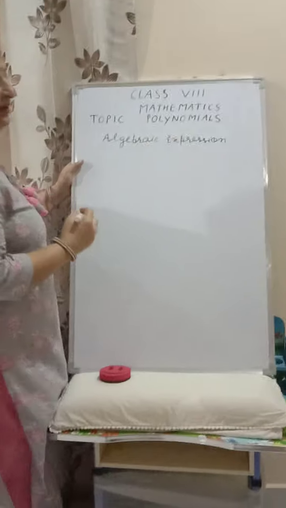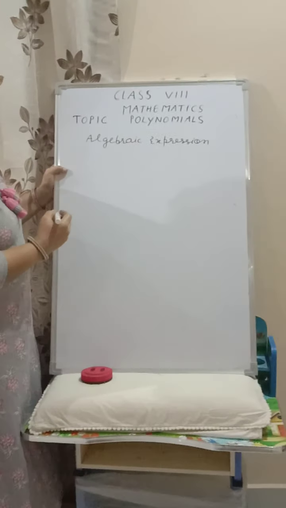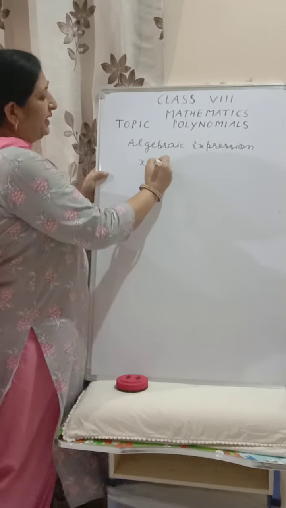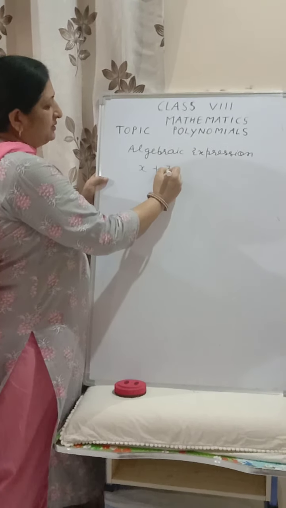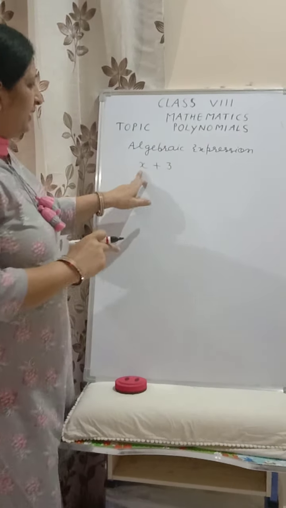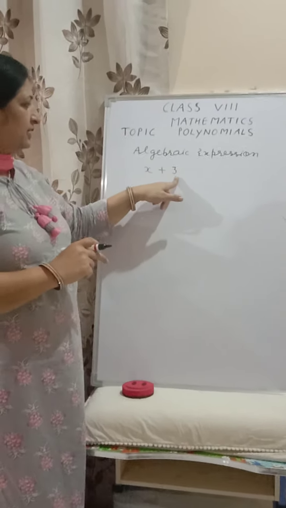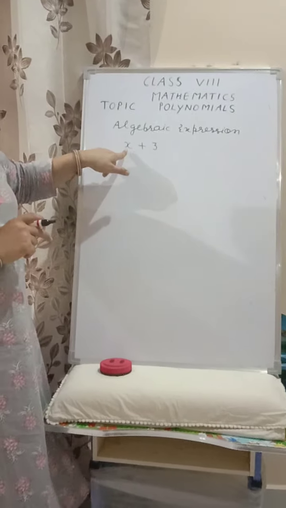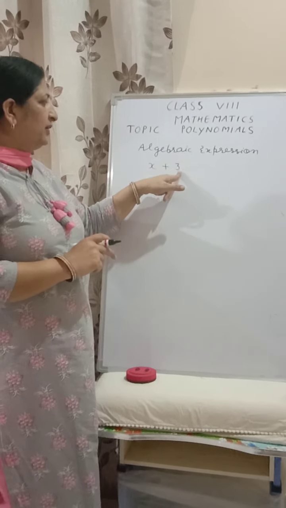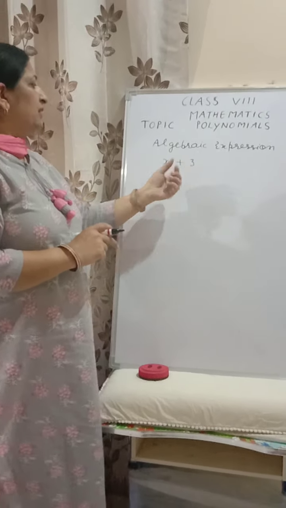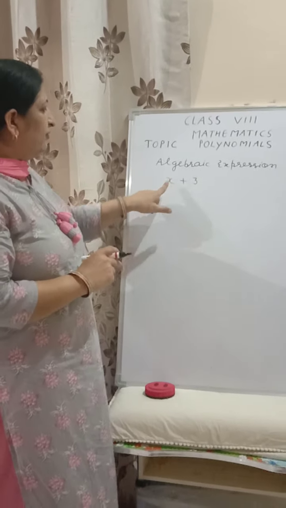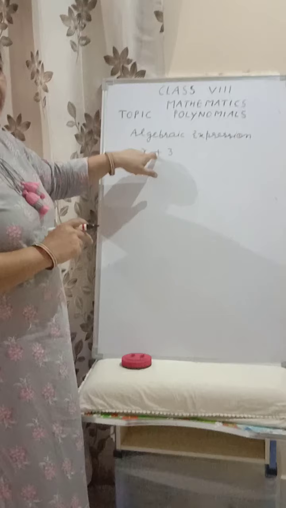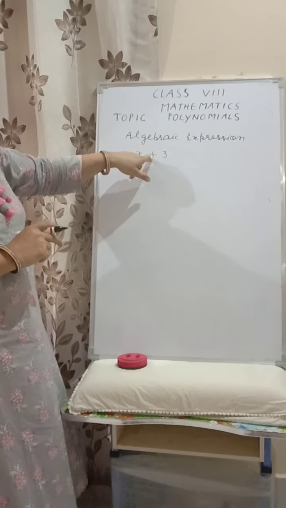You know very well, it is the combination of variable and constant. X is a variable and 3 is a constant. Variable means having no fixed value and constant means having a fixed value. The combination of variable and constant by the 4 fundamental operations of mathematics.